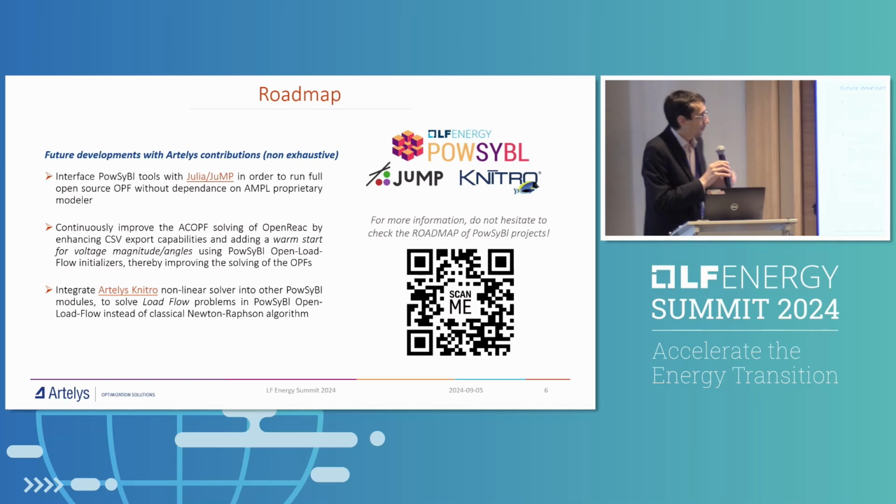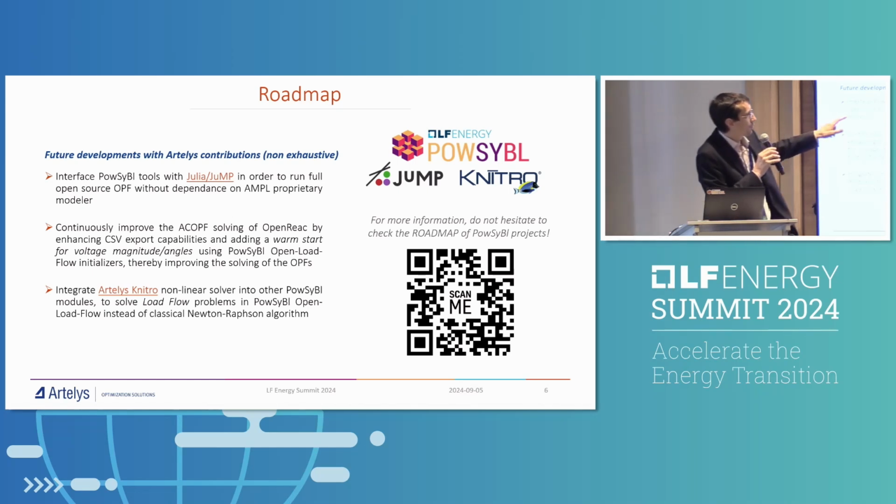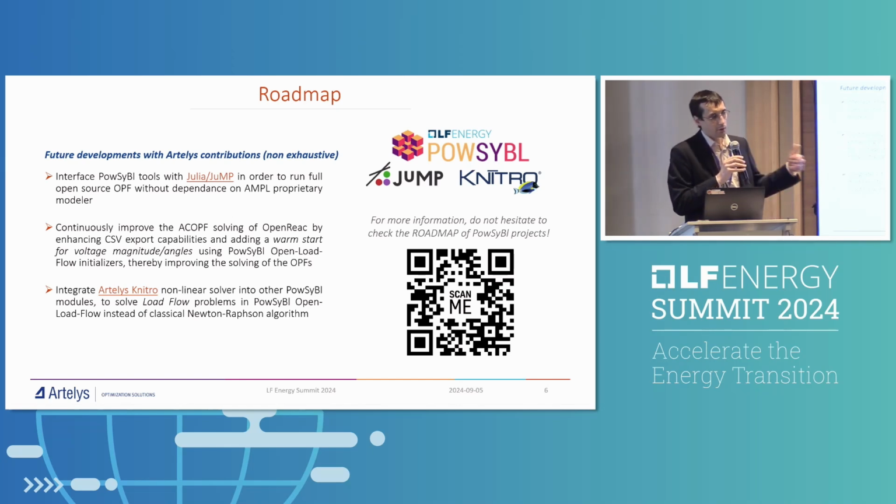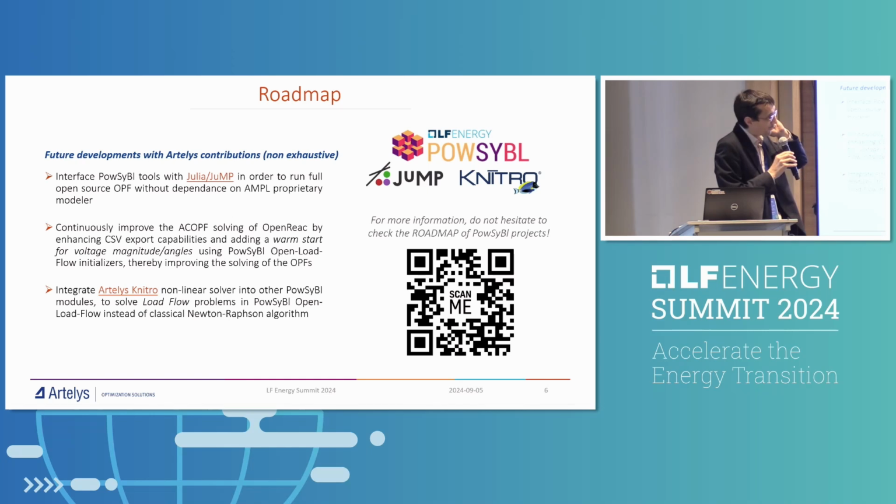The roadmap is that we want to do it in Julia JuMP instead of AMPL, because for those who know, AMPL is not open source, so this ACOPF scheme is not fully open source, which is an issue for PowSyBl. So we want to use Julia JuMP instead of AMPL.